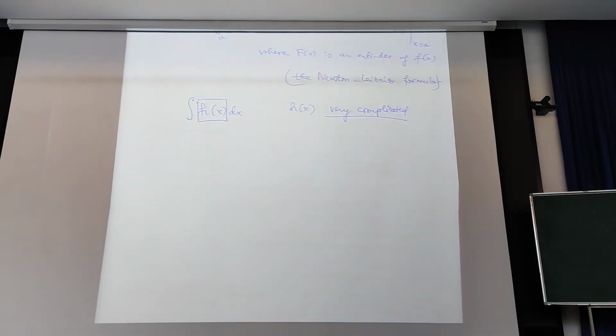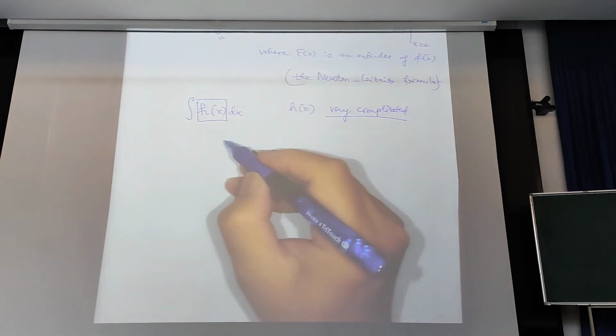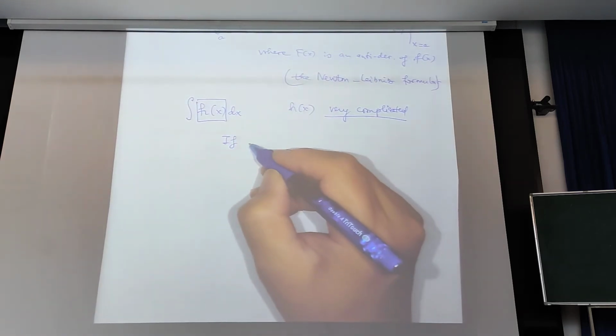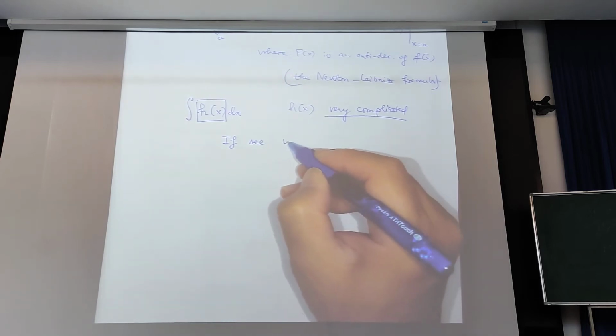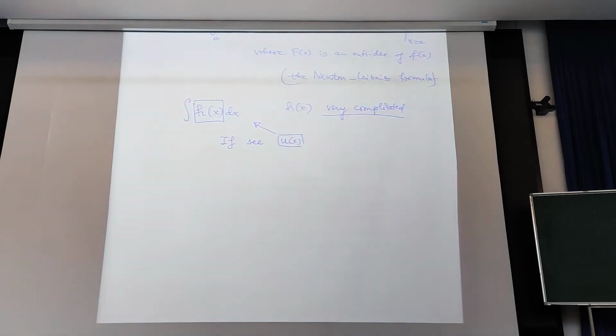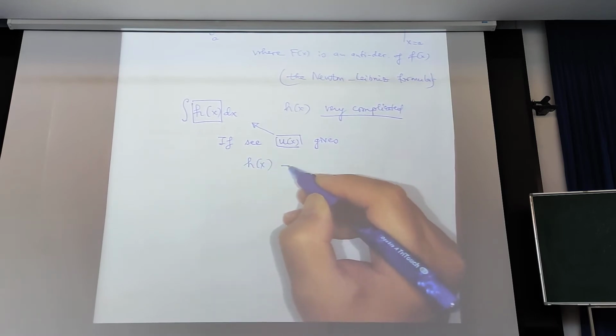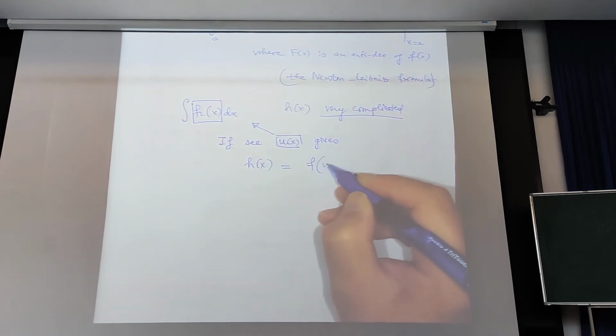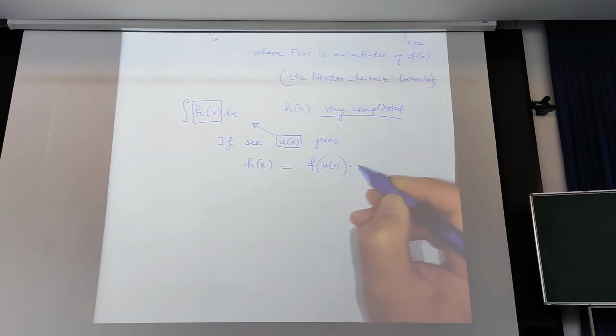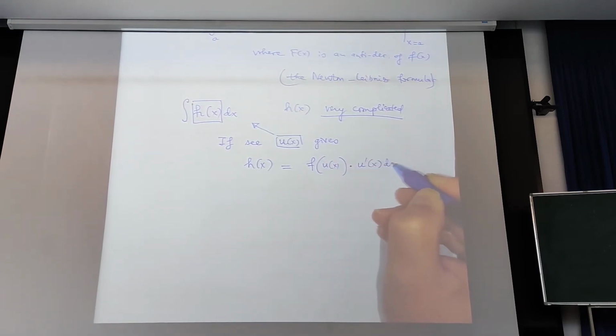We don't know how to integrate it. And now we look at this function, and if you see some u of x appear in the formula of h of x, that h of x is of the form f of u of x multiplied by u of x prime dx.